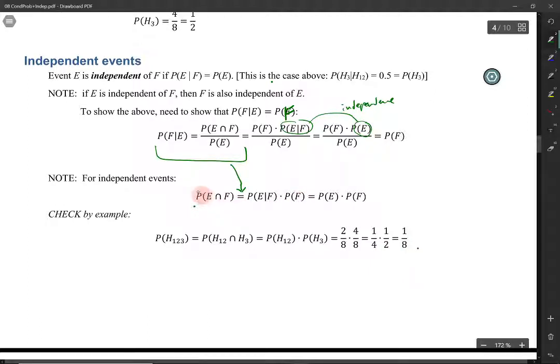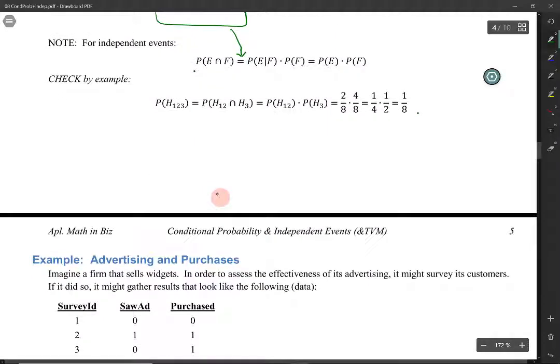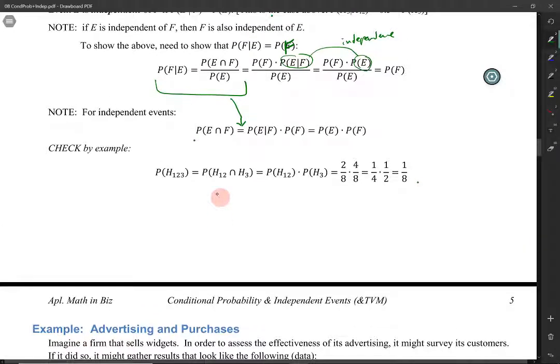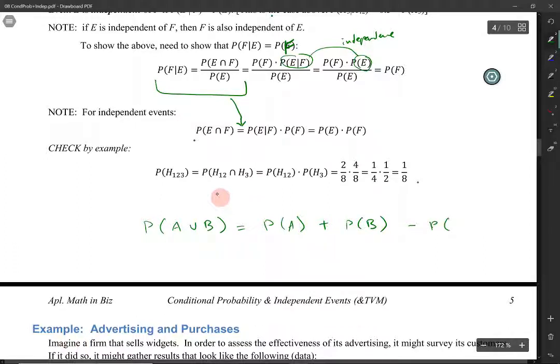Okay, so remember, if you have the probability of, say, A union B, that's equal to the probability of A plus the probability of B, and then you have to subtract the probability of A intersect B, but there may be a case where it's 0. In that case, they're mutually exclusive.